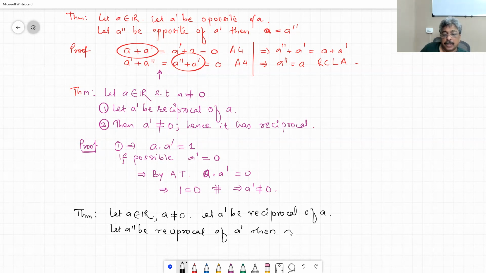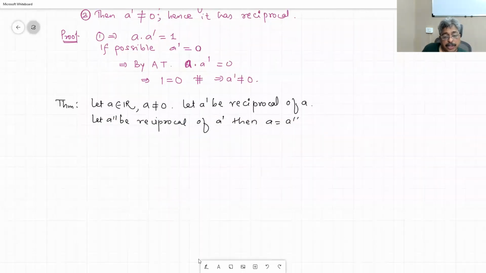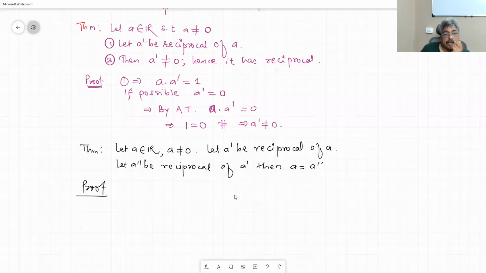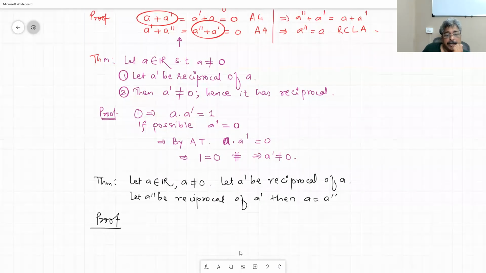Then A is equal to A double dash. Now let me directly write the proof because it is very simple, without wasting much time. Proof. It is exactly the same as earlier.